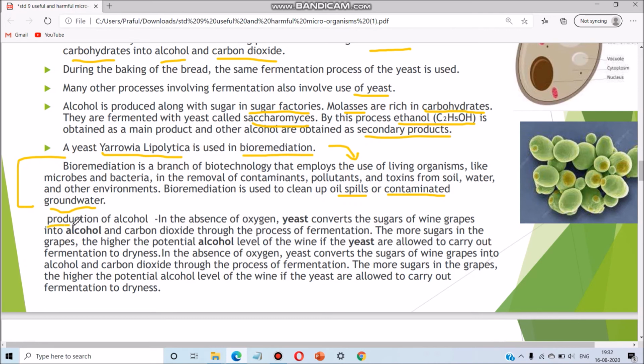Production of alcohol with the help of yeast: in the absence of oxygen, yeast converts the sugar of wine grapes into alcohol and carbon dioxide through the process of fermentation.